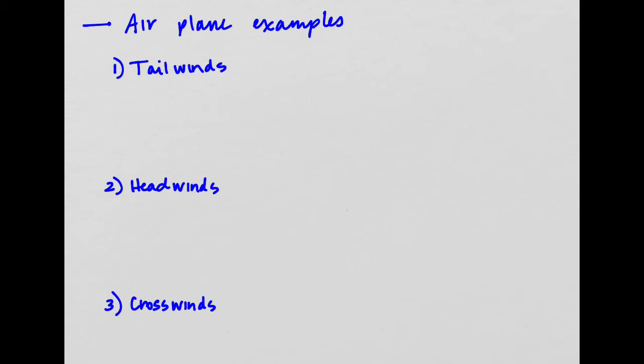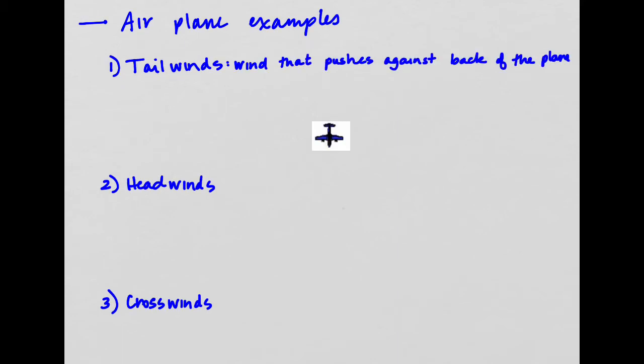So when we have a tailwind, I'm just going to put the picture up here. Okay, so here we have our plane, and the tailwind is a wind pushing on the back of the plane. Let's say that our plane is going at 100 kilometers per hour. Kind of slow for a plane, but whatever.